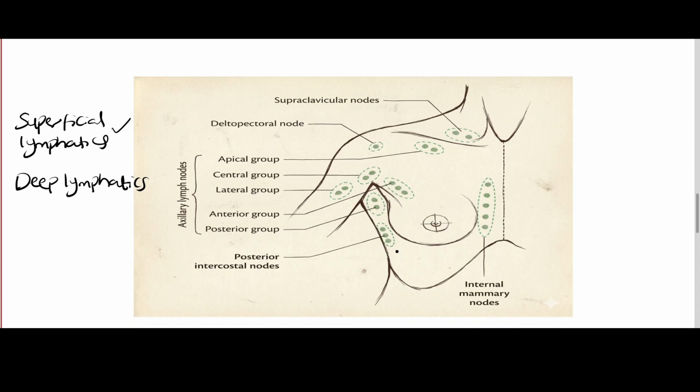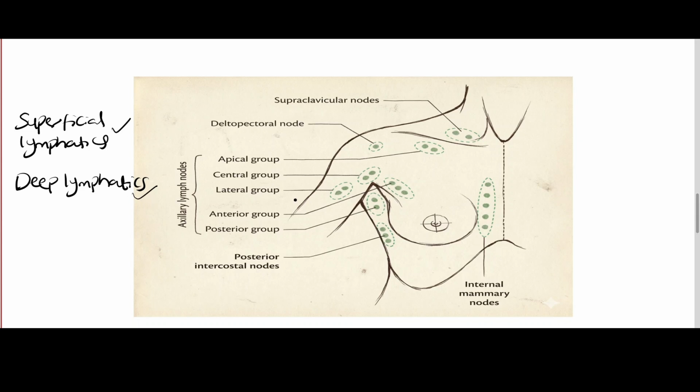It's important to note that superficial lymphatics of one breast communicate with those of the other breast. So cancer can spread from one breast to the other. Now we also have the deep lymphatics.